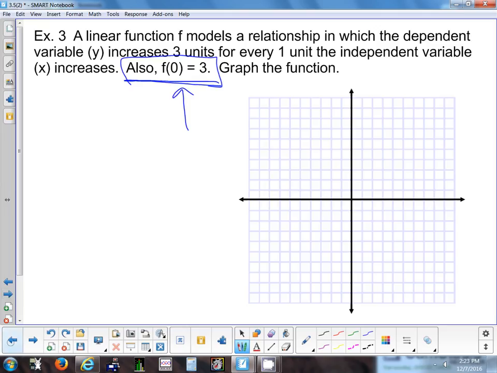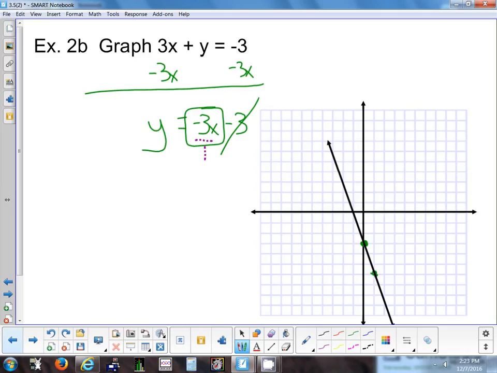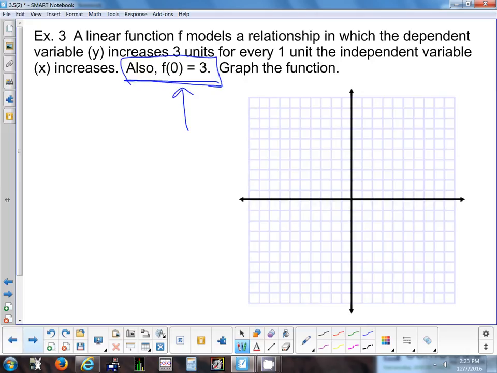I could say the exact same thing in this problem: the y value goes down 3 every time the x value goes up 1. Just check it. If the x value goes up 1, that's to the right, the y value goes down 3. So we're just describing the slope a little bit differently.